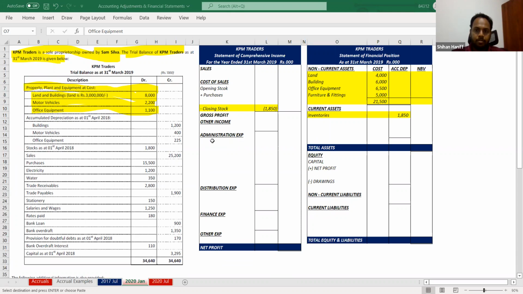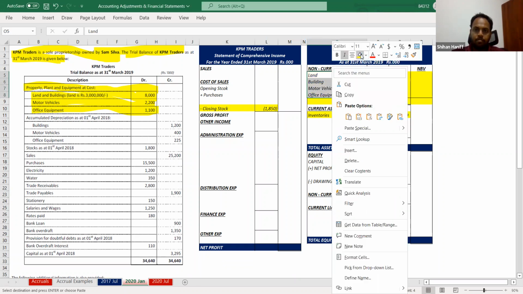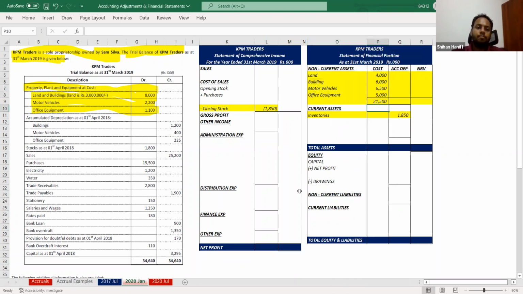Building, motor vehicle, office equipment. Land should be 3,000, building 5,000, motor vehicles 2,200, equipment 1,100.